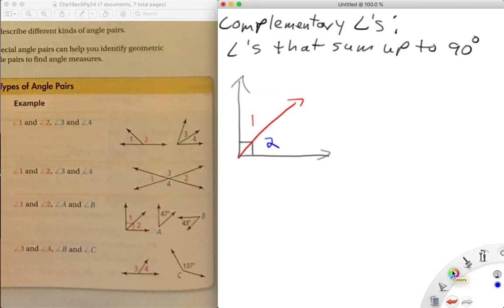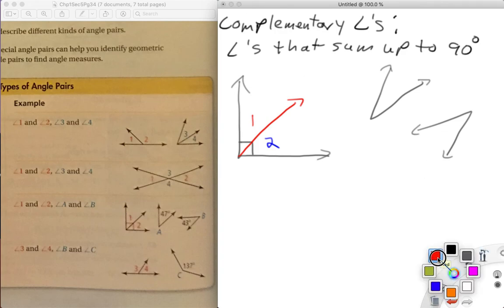Then we have some non-adjacent angles. So we have this guy, and we have this guy, and I know angle A and angle B are complementary because they give me the number of the degree.